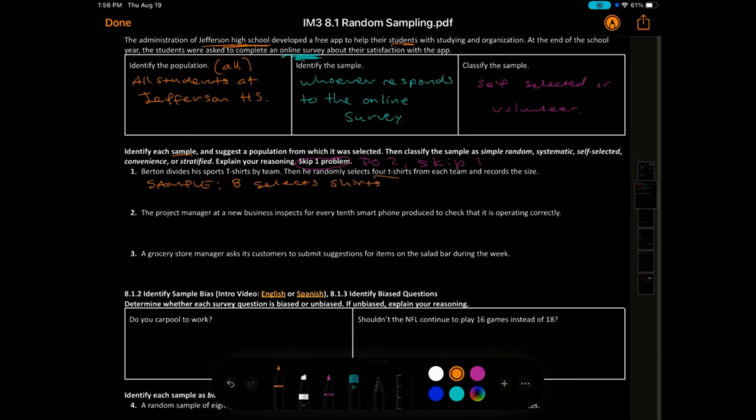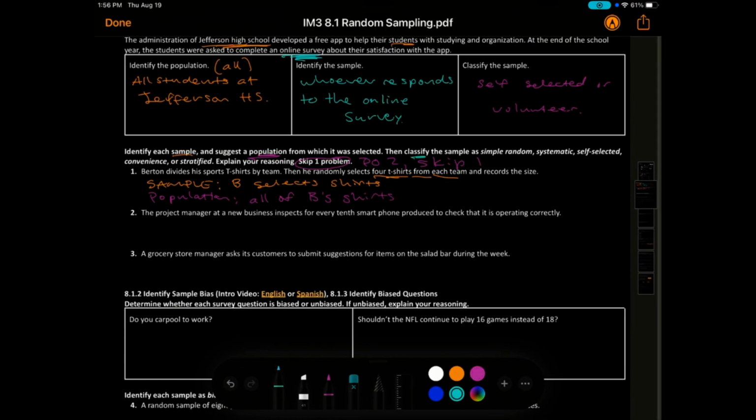So it's 4 shirts from each of his teams. Okay, what's the population? What's the biggest thing possible? Well, it's basically all of Burton's team sports shirts.